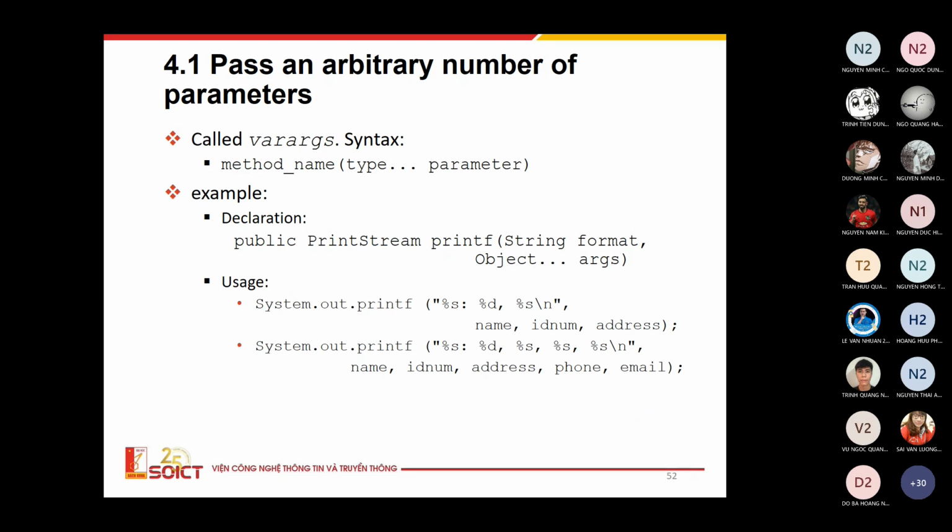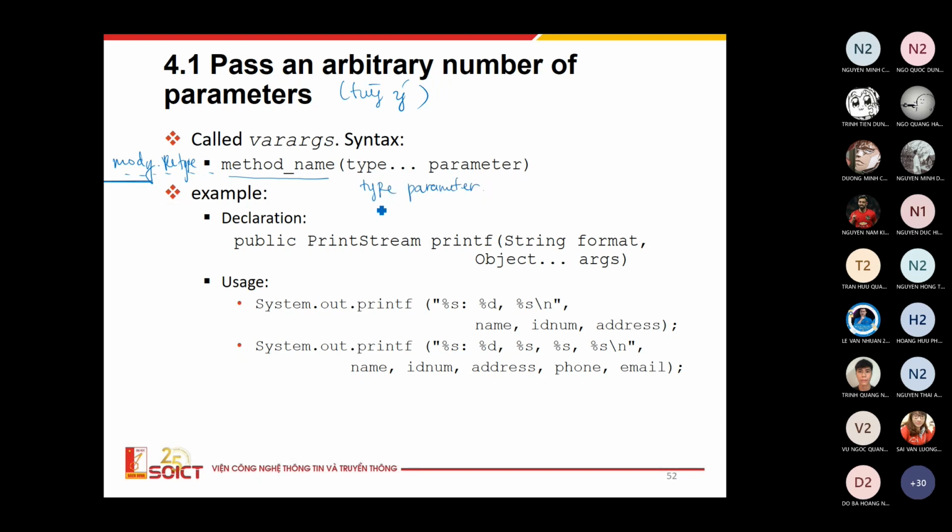So here I introduce to you a new syntax where you can pass an arbitrary number of parameters. That means you can pass as many parameters as you want. For example, normally you will have the method name, the modifier, the return type, and here you have the type of the parameter.